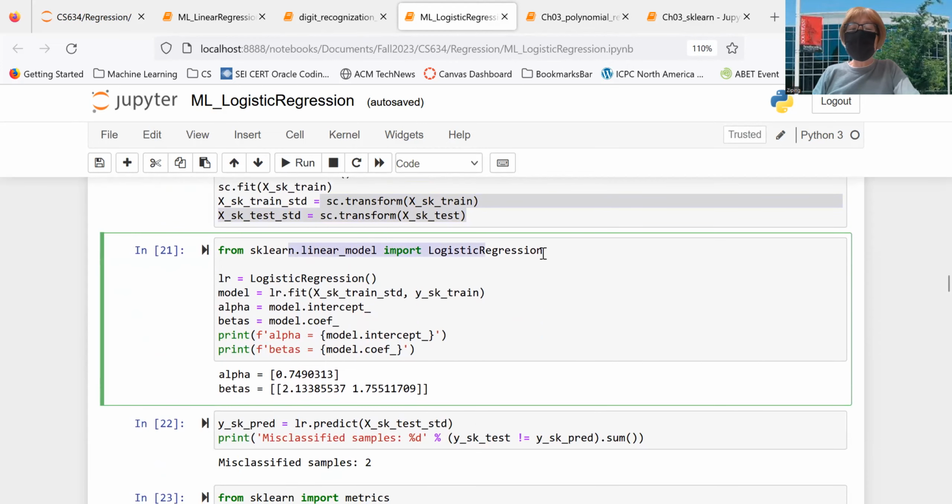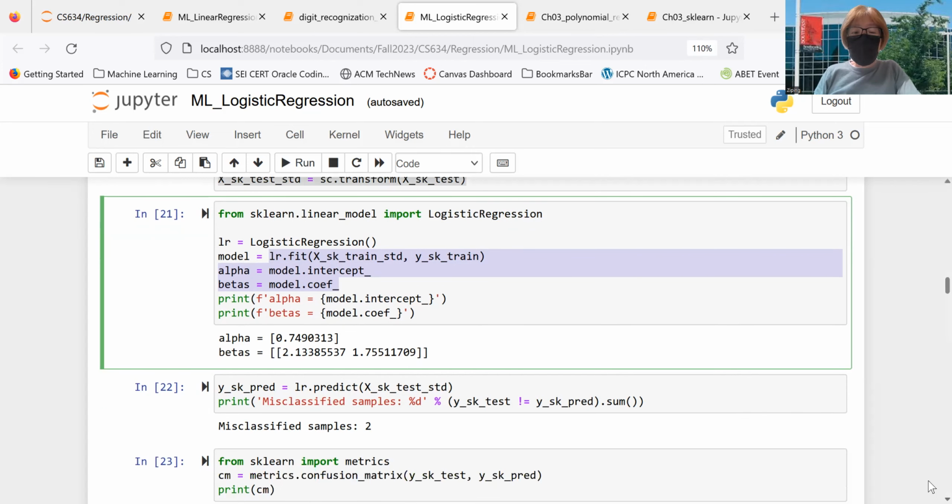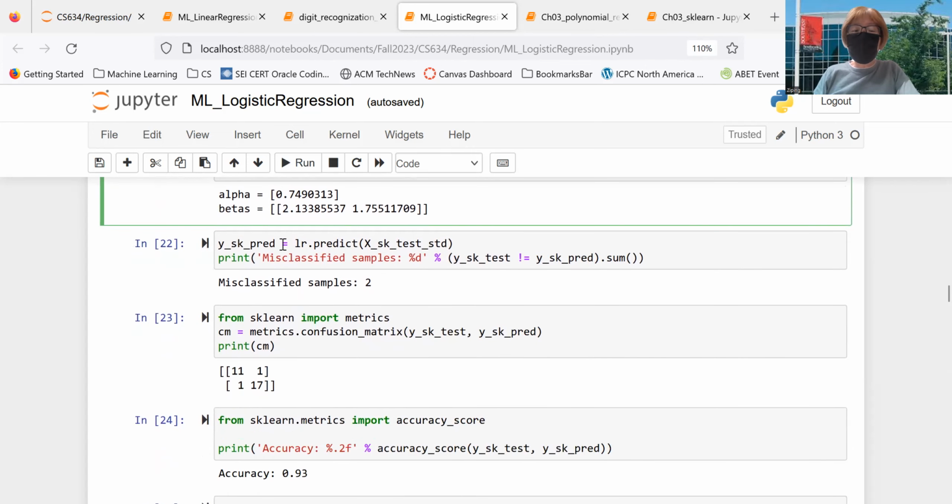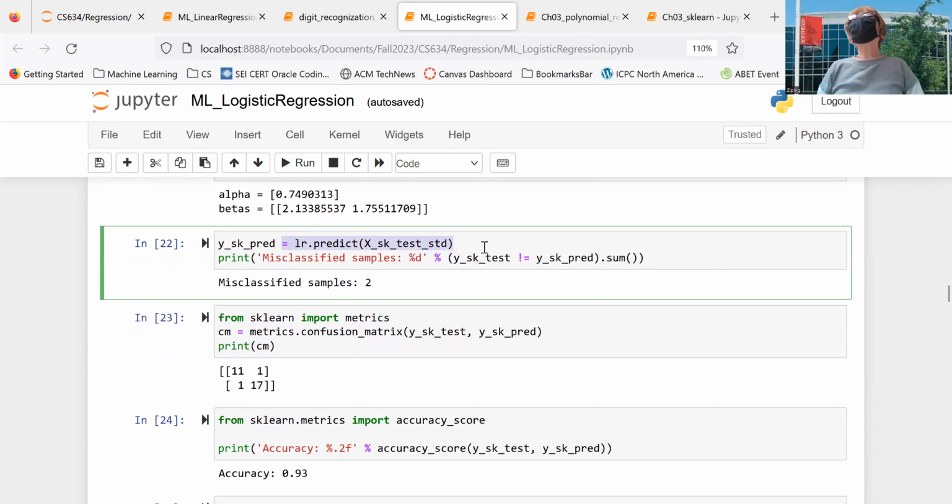After that, it's straightforward. You can import the logistic regression and start training the model. After training the model, you can predict with your testing data to see how well it performs. And over here, did you see?